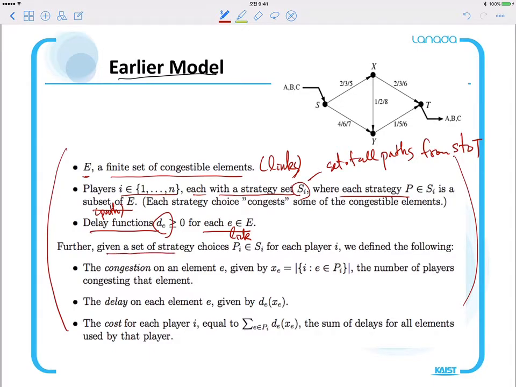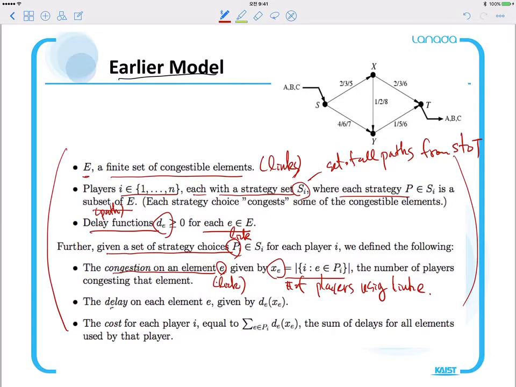For a given strategy choice pi_i of player i, which is a path, the congestion on each element E, the element being a link, is given by x_e. x_e is the number of players using link E.